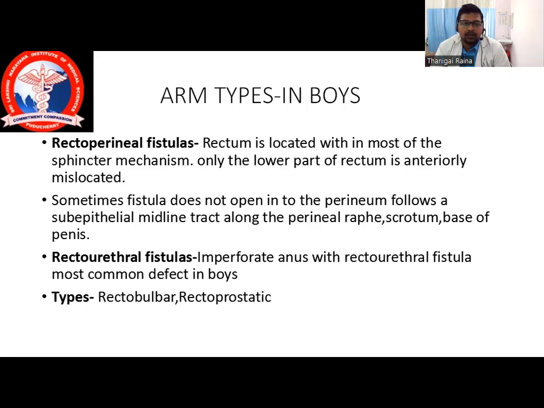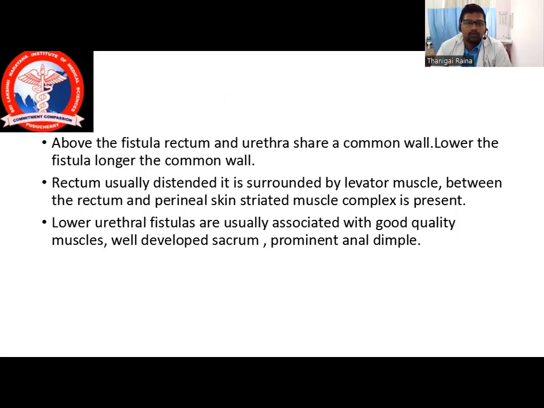And the rectourethral fistulas, that is imperforate anus with rectourethral fistula. Most commonly, this is the defect seen in boys. There are types, rectobulbar and rectoprostatic. Above the fistula, the rectum and urethra share a common wall. The lower the fistula, the longer the common wall, as I discussed earlier. The rectum is usually distended and surrounded by levator muscles.